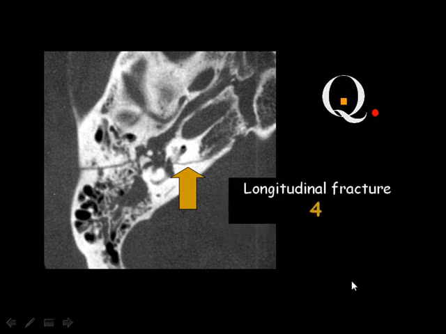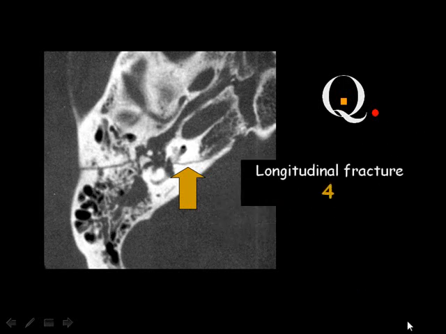Longitudinal fracture with four other lesions. Number one, subluxation of the incudomalleolar joint. Number two, hemotympanum. Very good. Number three, labyrinthine fistula. Very good. Labyrinthine fistula, the lateral semicircular canal is directly connected to the middle ear cavity.